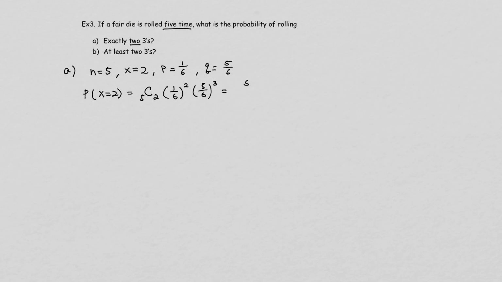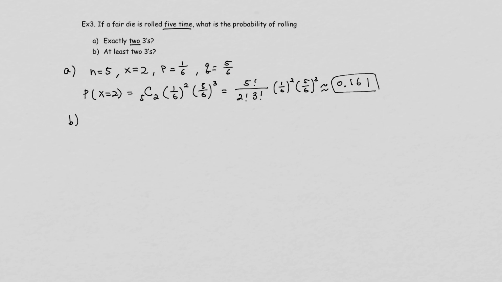This gives you 5 factorial over 2 factorial times 5 minus 2 factorial, so it will be 3 factorial, times 1 out of 6 squared and 5 out of 6 cubed. And when you plug those numbers into the calculator, you will get somewhere close to 0.161. So that's the probability of rolling exactly 2 threes when you're rolling a fair die 5 times.